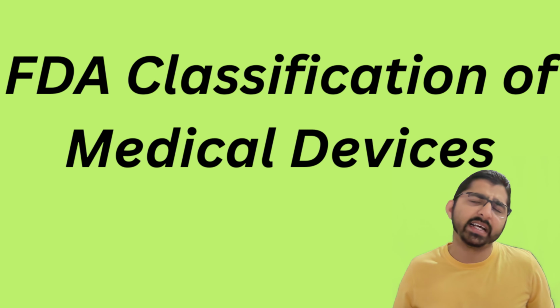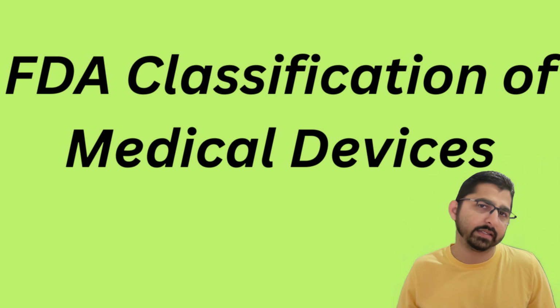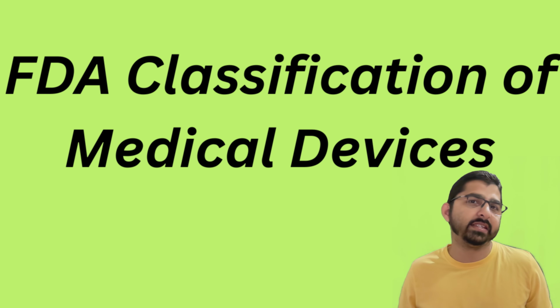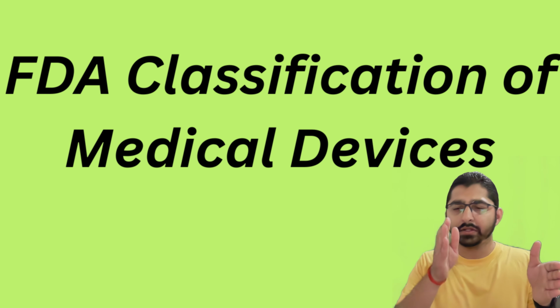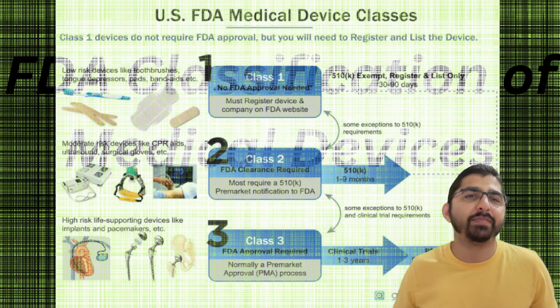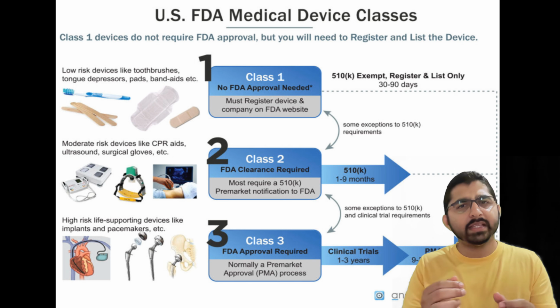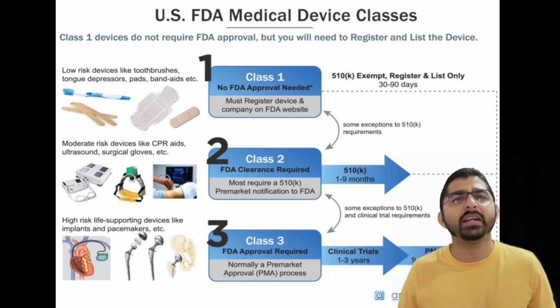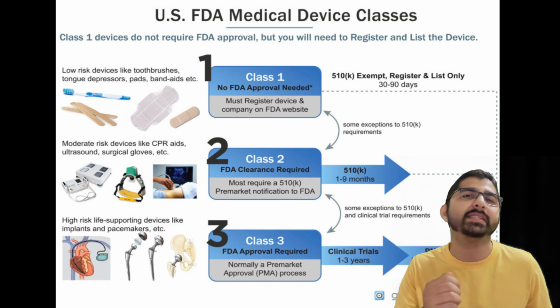So what is the classification of medical devices? There are mainly three classes of medical devices, which are Class 1, 2 and 3 respectively. They are classified in a similar manner to how Indian medical devices are classified as per Indian MDR 2017.